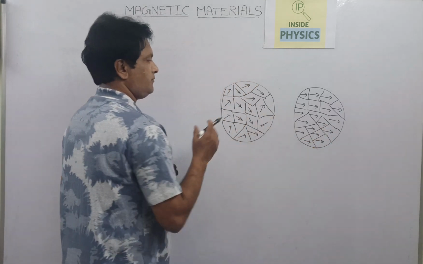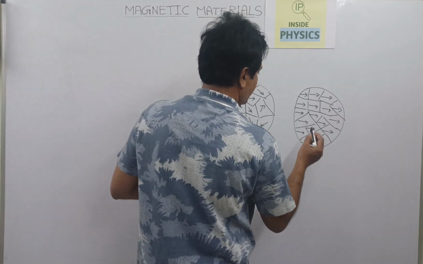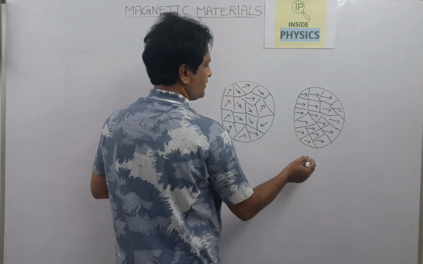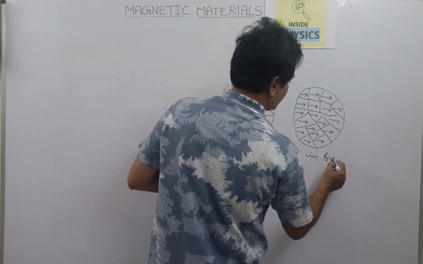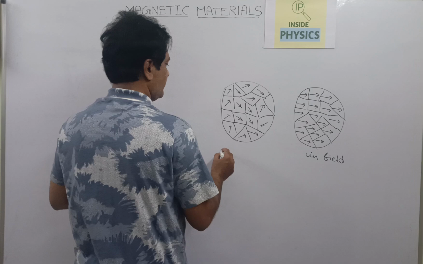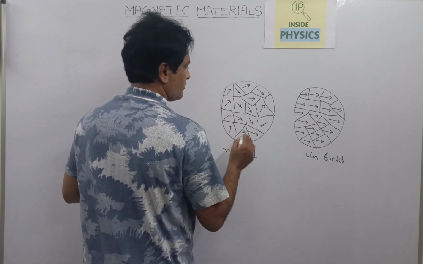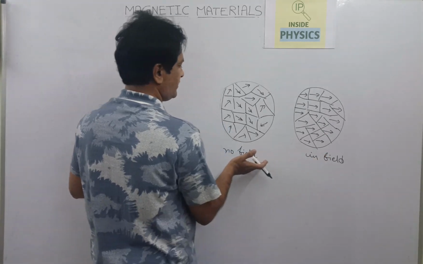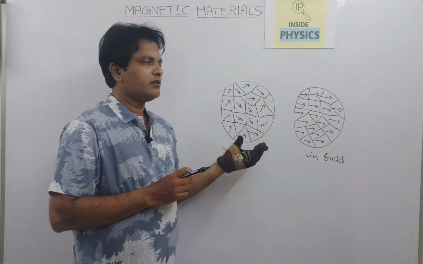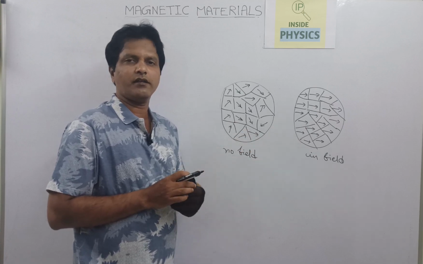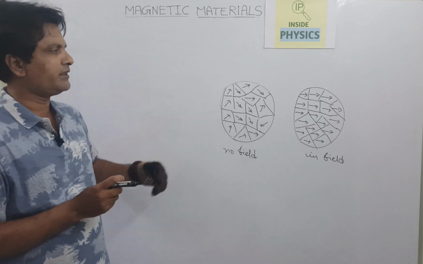So this is the orientation that has developed within the ferromagnetic material. Here the magnetic field is there, here there is no field. So this is the process which will take place inside the ferromagnetic material when you apply the external magnetic field.